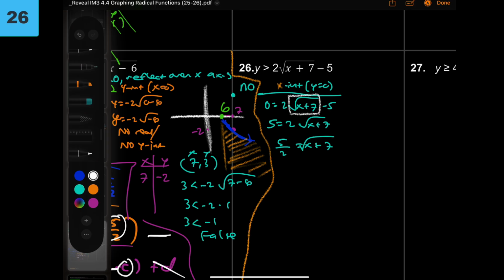Okay, then we would square it. So then you would get 25 over 4 equals x, and then 25 over 4 minus 7 equals your x value. So you could just put it into a calculator. So 25 divided by 4 minus 7 gives me negative 0.75.